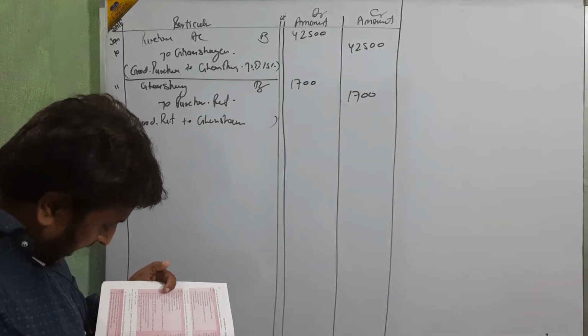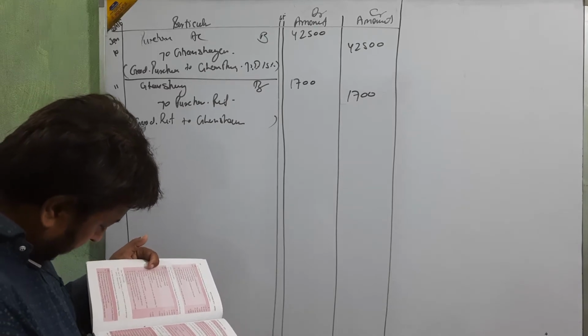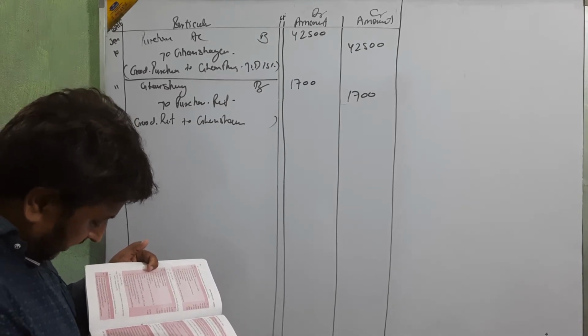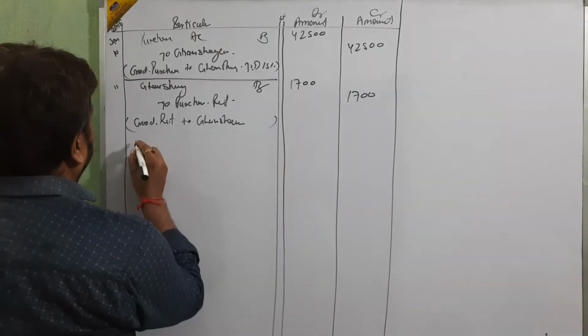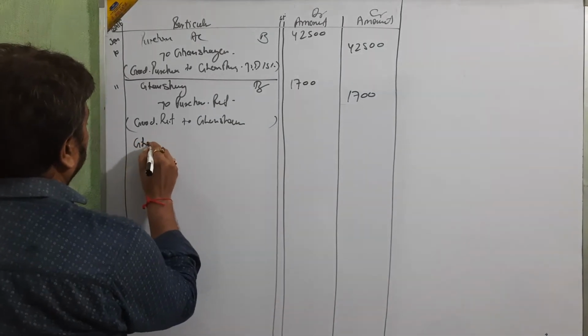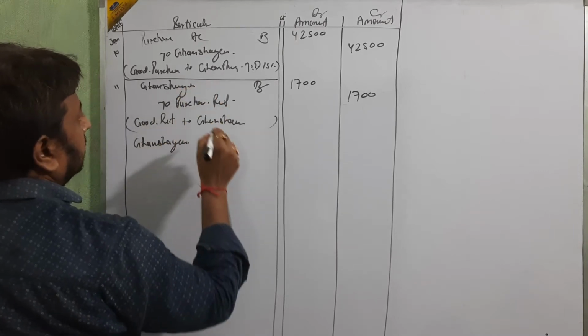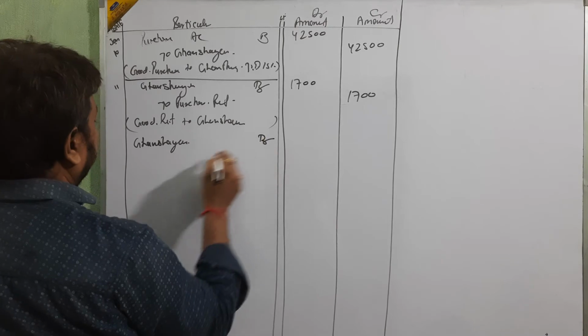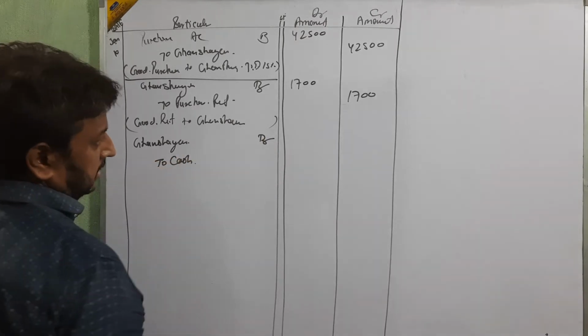Paid to Ghanshyam rupees 40,000 in full settlement of account. We are going to pay only 40,000 after full settlement. The entry is Ghanshyam debit to cash.